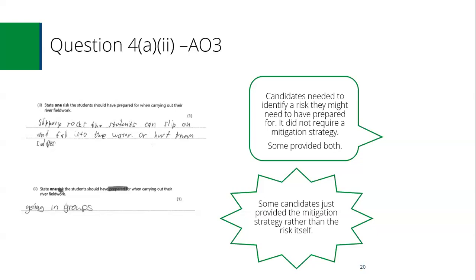In the first example, there is a clear risk in terms of slippy rocks. The second example has only the mitigation strategy, but no risk. So, for instance, going in groups is a mitigation strategy really rather than a risk. And it highlights the importance of focusing specifically on parts of the question.